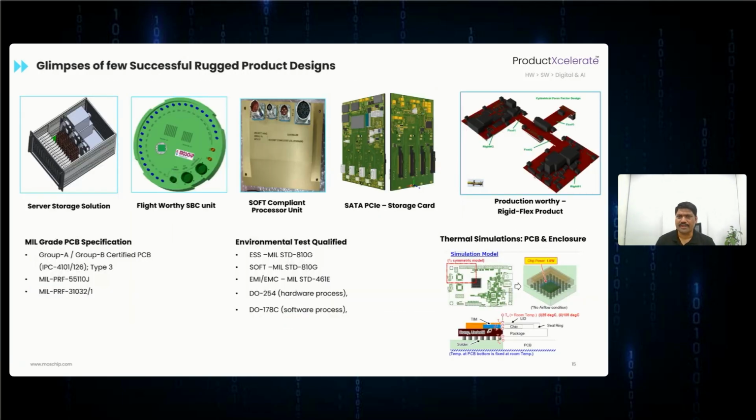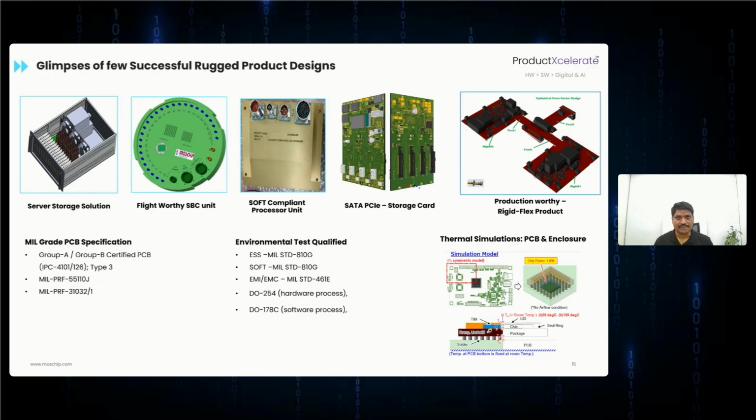Here are some real world examples of MosChip designs passing the stringent ESS safety of flight test. A servo storage unit with consideration of thermodynamic and noise controlled chassis design. A couple of avionics SBCs qualified to DO254, SOFT and MIL standard specs. Rigid flex wearables are tested to survive curvature bends, motion and drop cycles.